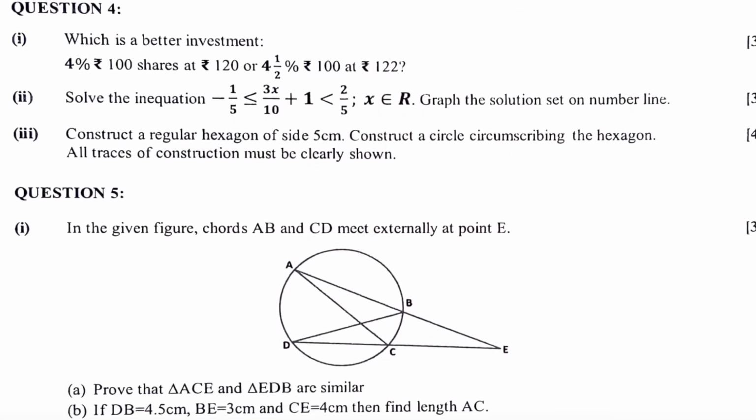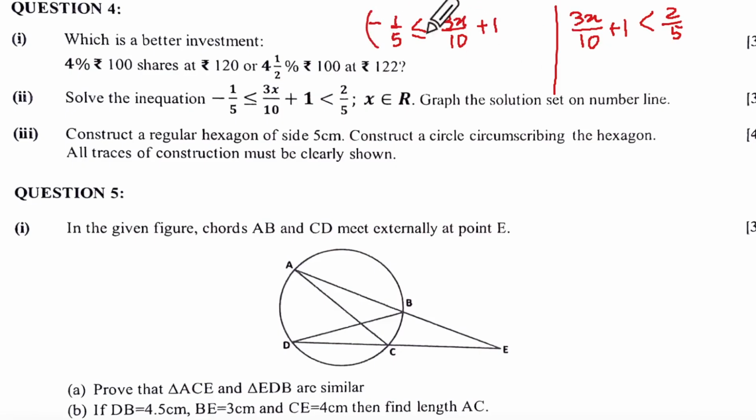Now inequation. Now this inequation, everybody knows how to do. What are the two parts? Minus 1 upon 5 less than or equal to 3x upon 10 plus 1, and here you will have 3x upon 10 plus 1 less than 2/5. Get rid of your denominator.